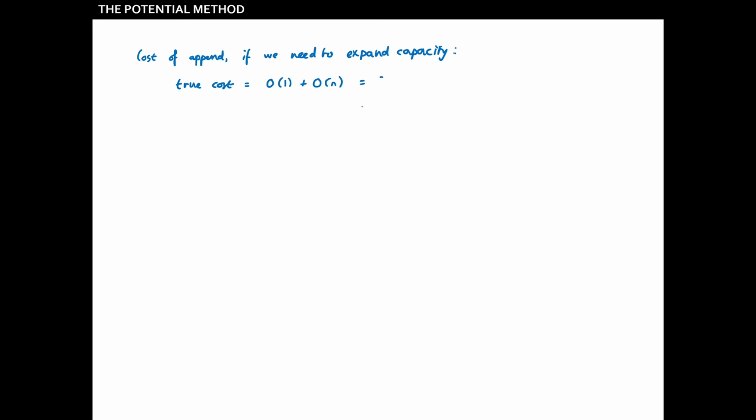So I'm going to say the true cost is O of n. Let's work out the change in potential. Let's imagine that we needed to expand the array from size n. If there were n items in there, the old potential would have been 2 times the number of items minus capacity, 2n minus n. So the old potential is n.